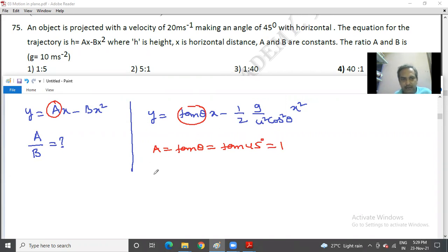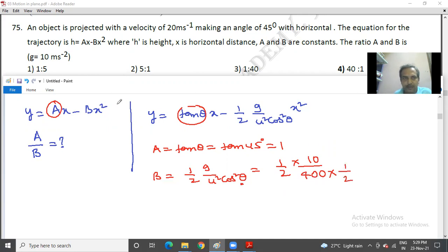Now similarly, b is equal to half g by u square cos square theta. Now half value of g is 10, u is given 20, u square will become 400. Cos 45 is 1 by root 2, but squaring is there, it will be 2.